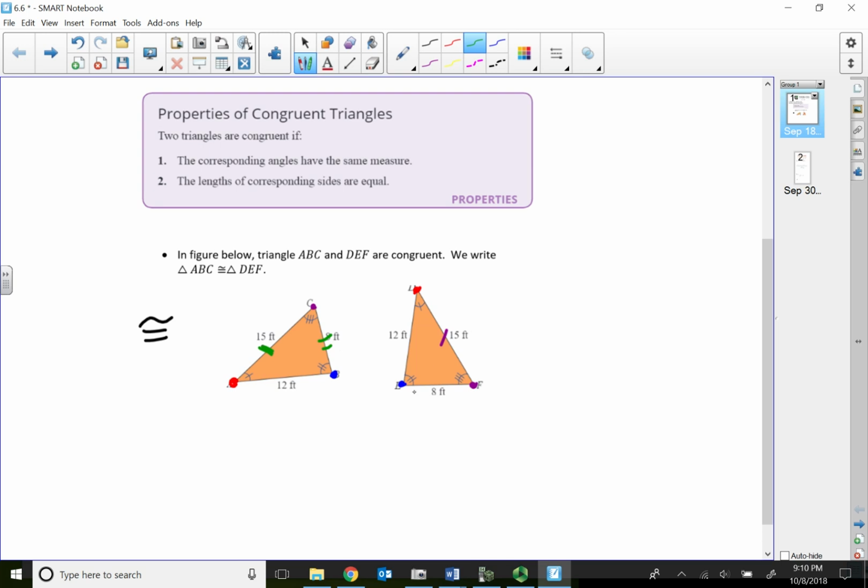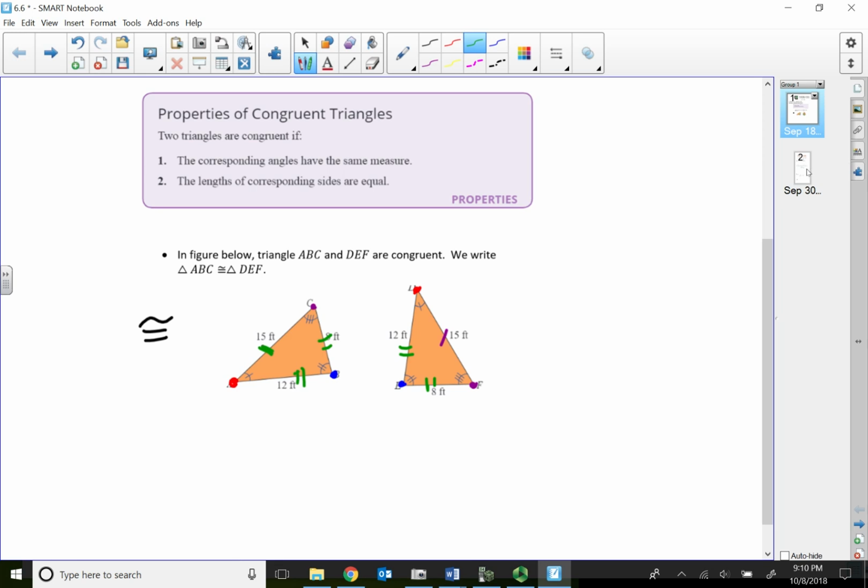Purple to blue is also 8 feet down here. So those two sides correspond and are congruent. Now the 12 corresponds with 12, which also means they are congruent. So when everything corresponds, with congruent angles and sides, we say the two figures or triangles are congruent.